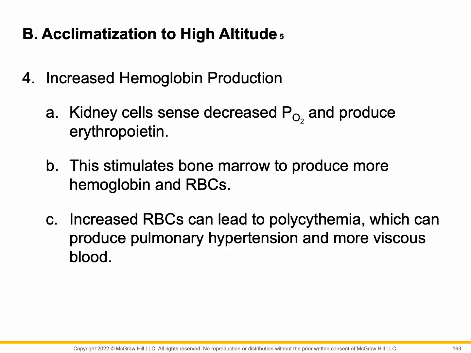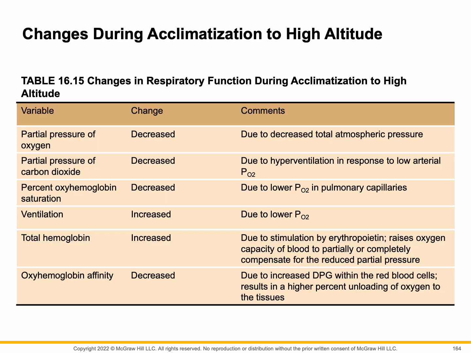The kidney cells will sense decreased partial pressure of oxygen and then produce erythropoietin, that hormone that stimulates production of red blood cells by the bone marrow. Increased red blood cells can then lead to polycythemia, which can produce pulmonary hypertension and more viscous blood. Make sure you study Table 16.15, which shows the changes during acclimatization to high altitude.